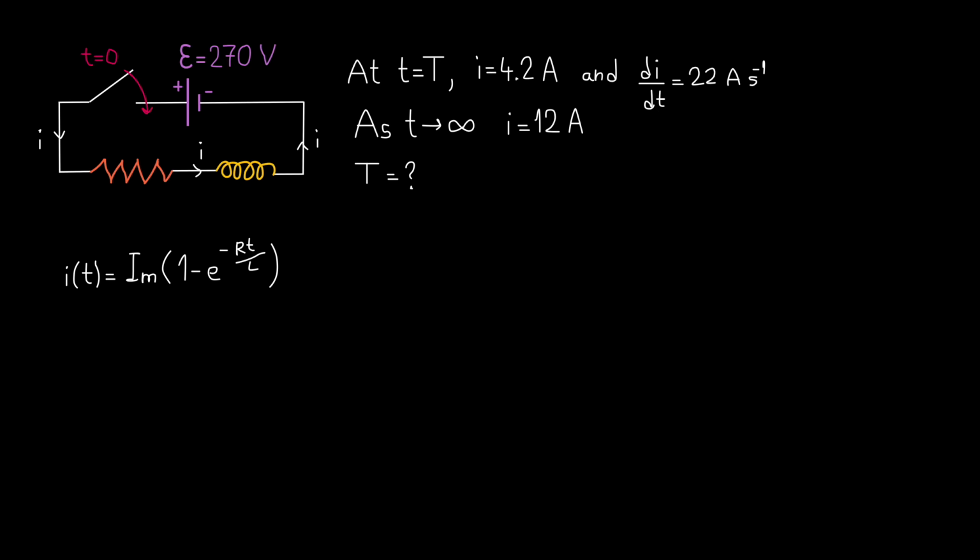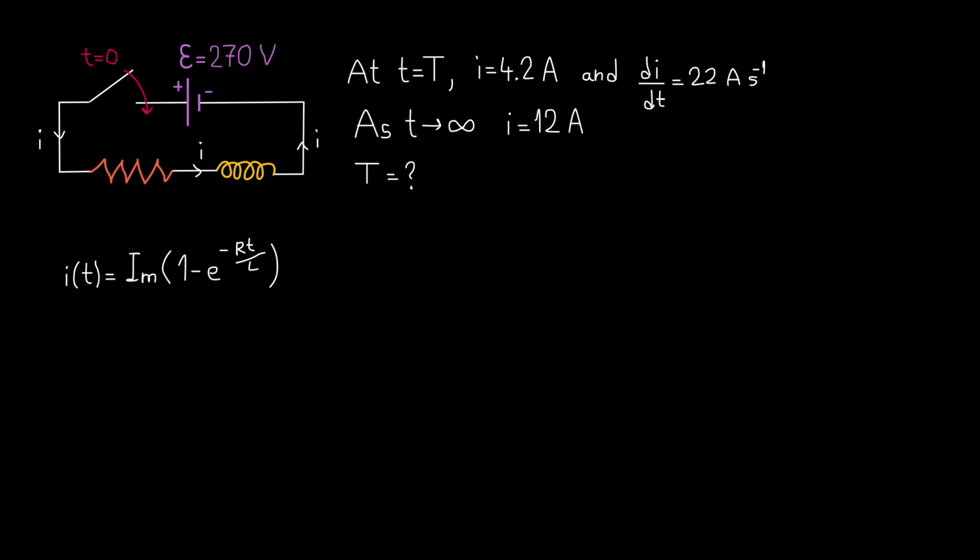The current in this circuit changes with time and it can be formulated as maximum value of the current, I sub m, times in parentheses 1 minus exponential of negative Rt over L. So this is the formula for the current in an RL circuit with growing current.